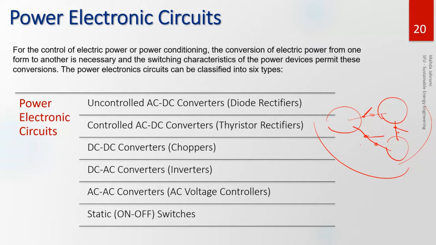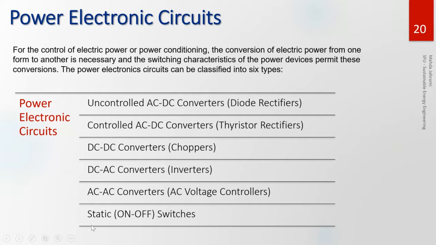So these are at high power levels. At lower power levels, we can have like a UPS that I'm going to explain in the other slides. So we can use power electronic devices as simple switches. Okay, so that's the other type of circuits that we are talking about. So for example, a DC motor.